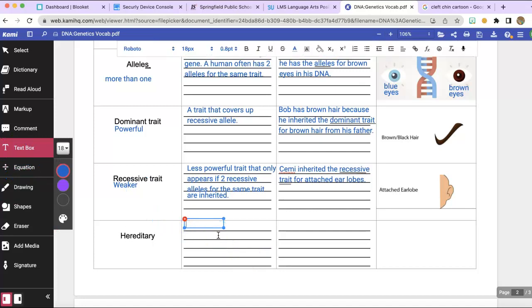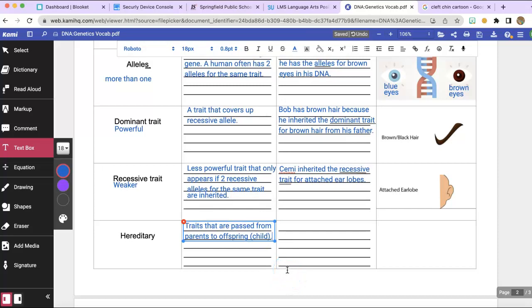It is traits that are passed from parents to offspring. And offspring is a fancy science word for child. Make sure you have that in there. Remember, you are all offspring. It's a fancy word for child.